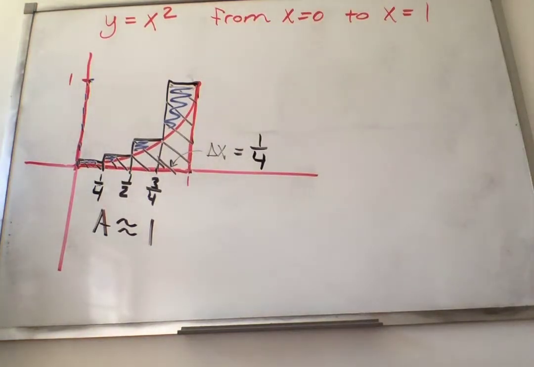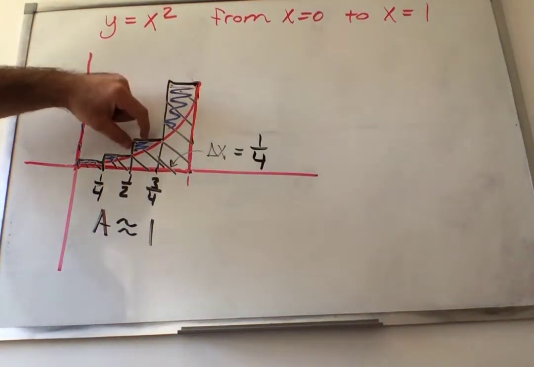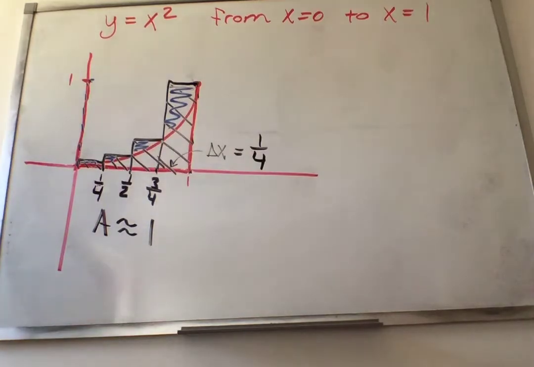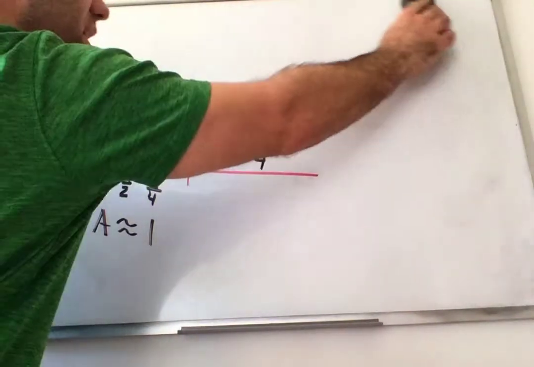So if we used 4 rectangles, we got a better approximation. It's still an overshoot, as you see I'm accounting for more area. We could undershoot, and we'll see that in the examples. But now, I would say go ahead and look at my notes to get a better picture of what we are doing here. It's way better drawn. I pulled this image from the book.